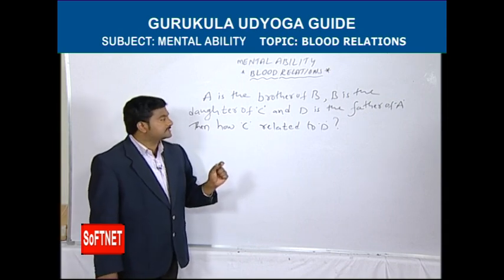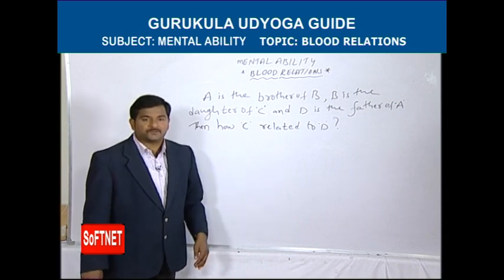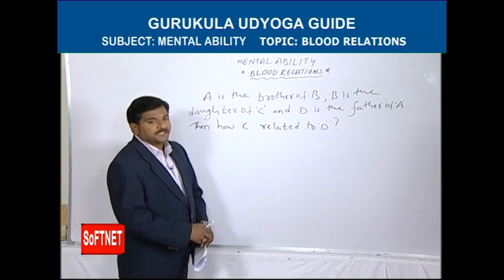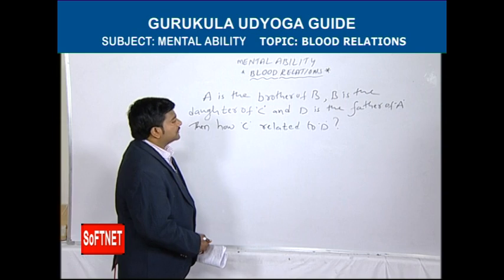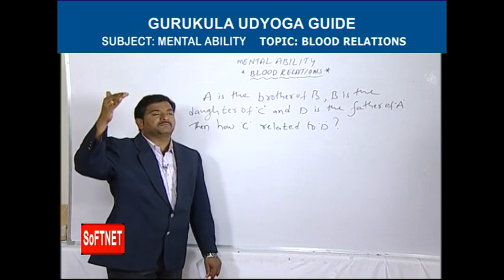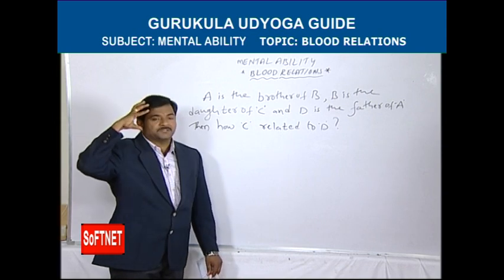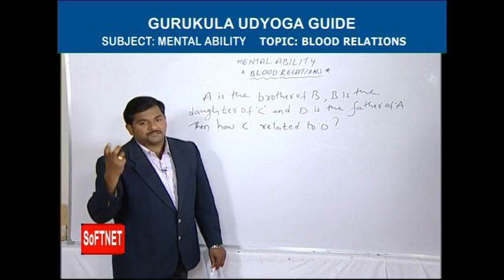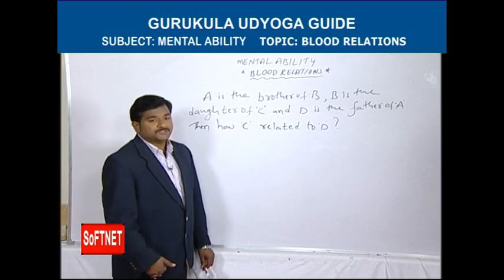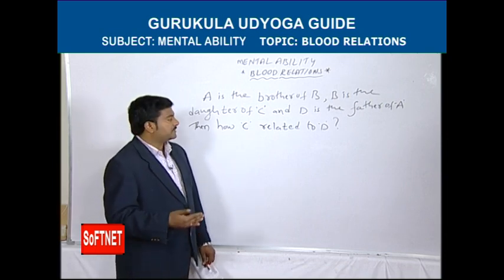The meaning of this is, what is C to D. By using the generation chart concept, we are going to solve this one by one. Instead of predicting on your brain, if you draw the rough diagram, it is very easy to identify the relation between C and D.